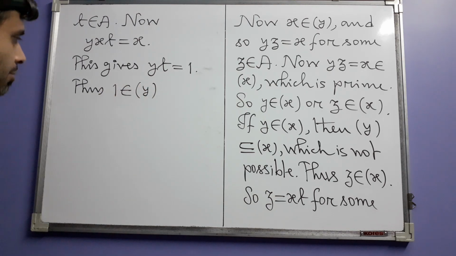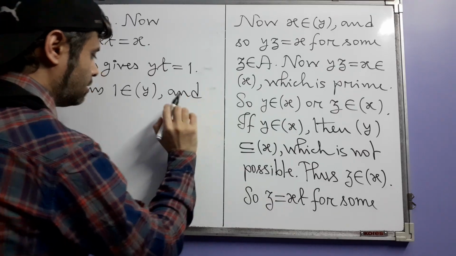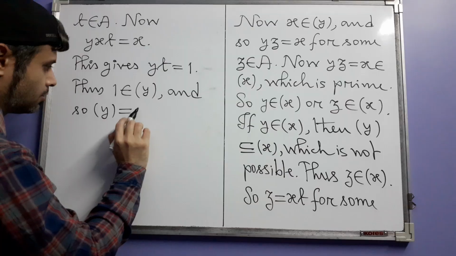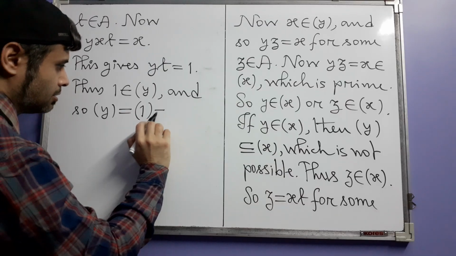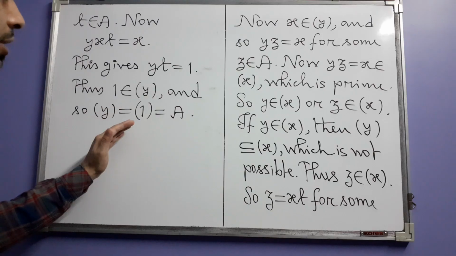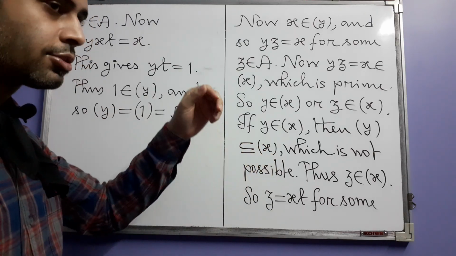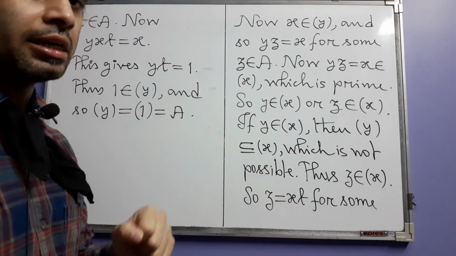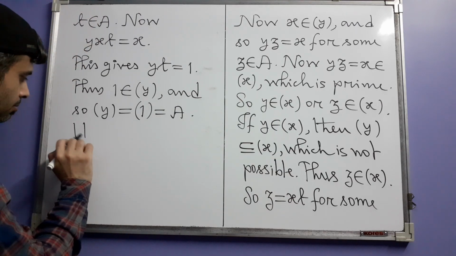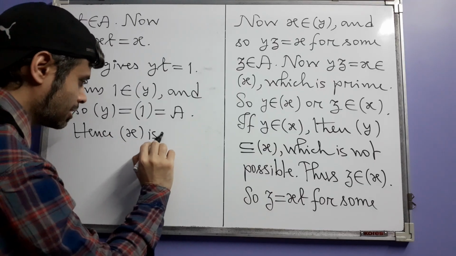So that way 1 belongs to the ideal generated by y, and so this is equal to 1, that is A. This shows that between this ideal and A, you cannot squeeze in a proper ideal properly. Hence, this is maximal.